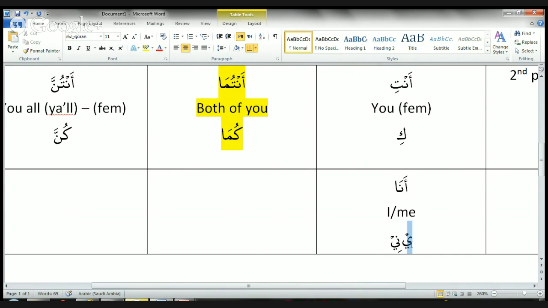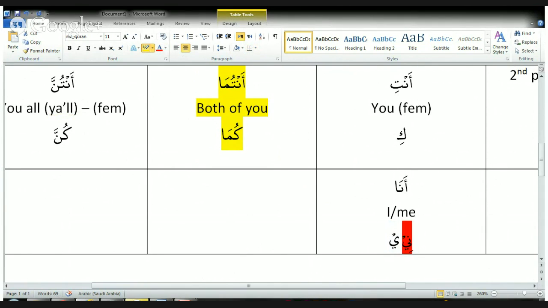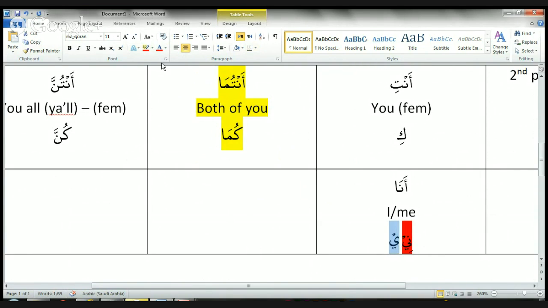So, hold on. Me is the nasab form. And then ye is the jar form.